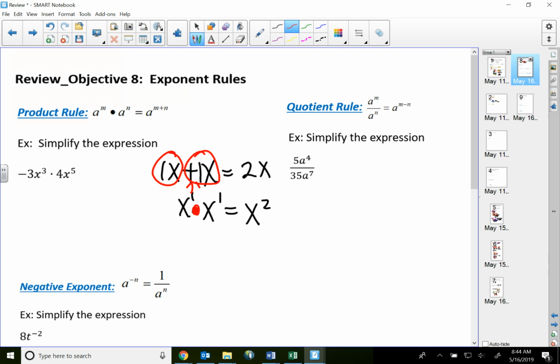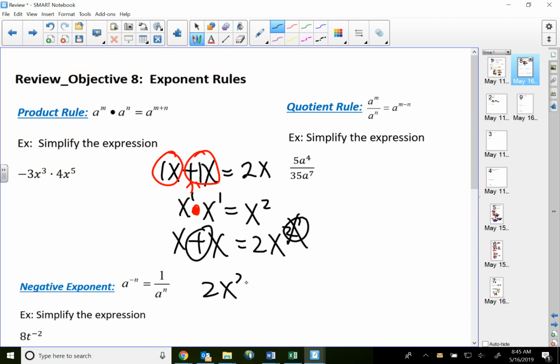A lot of students will say x plus x is going to be 2x squared. Well, this square up here is incorrect because I'm not adding the exponents. And why am I not adding the exponents? Because I'm not multiplying. When we combine like terms, we simply add and subtract the coefficients, but we don't do anything with the exponents, because the exponents are used to identify that these two are like terms.